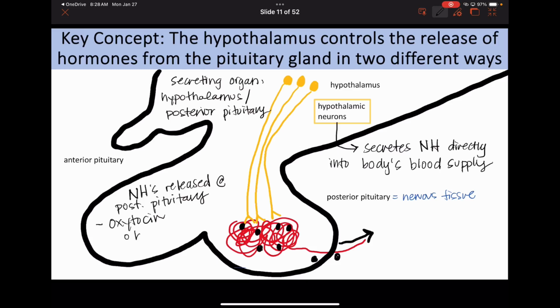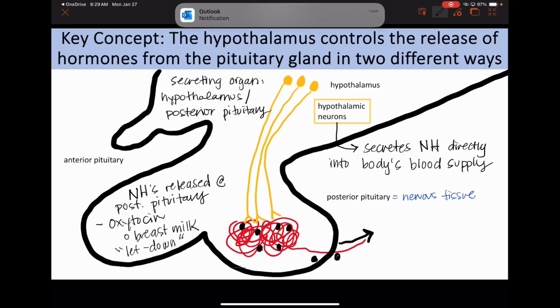Oxytocin, among other things we'll talk about later, is for breast milk let down, or you can say breast milk release, or the expelling of breast milk, any one of those variations would be fine. But oxytocin is for breast milk let down or release, while prolactin is for breast milk production. So make sure you get those two straight when you're studying.